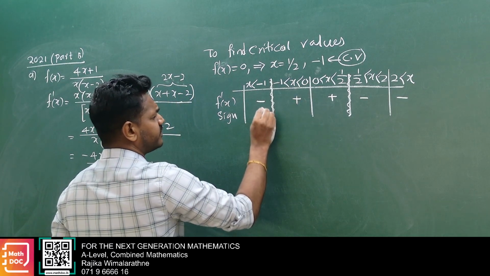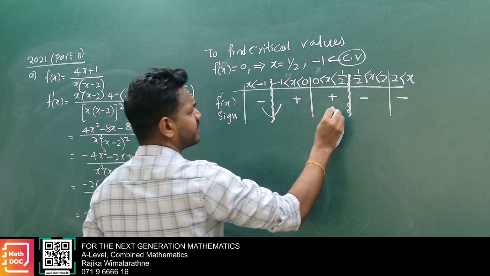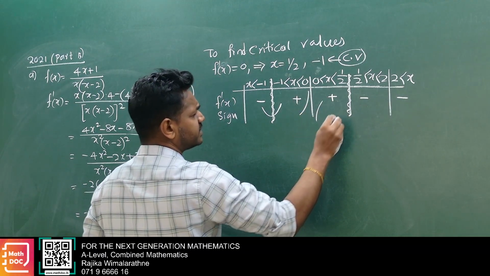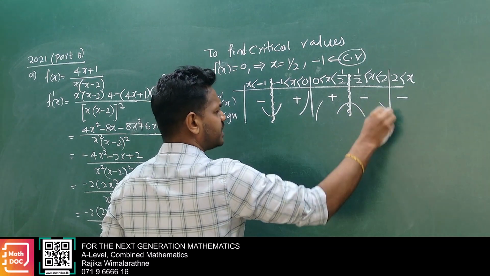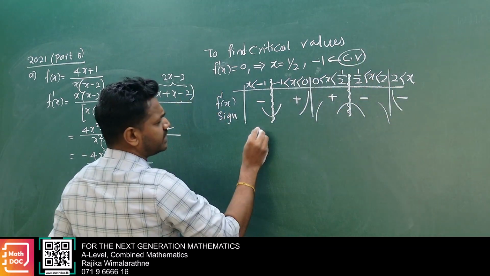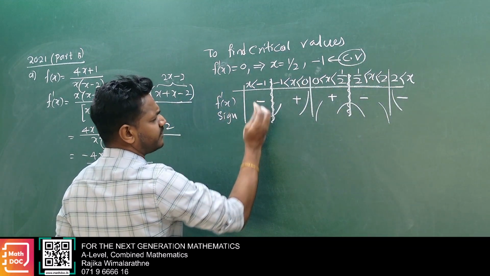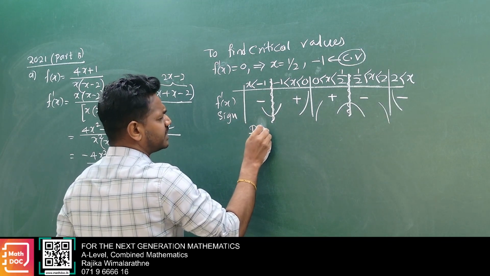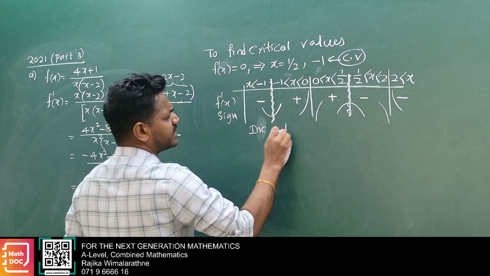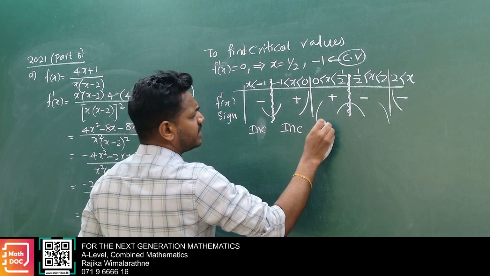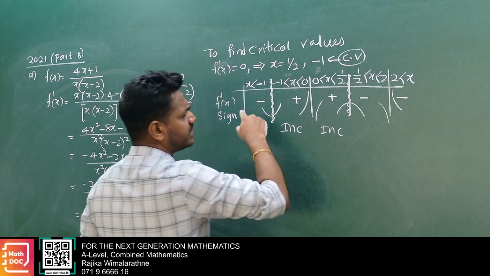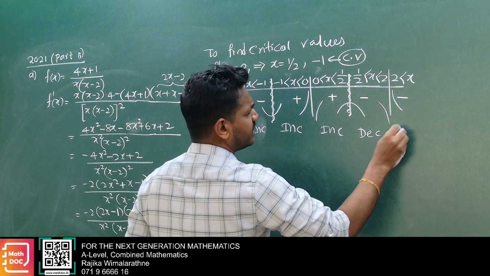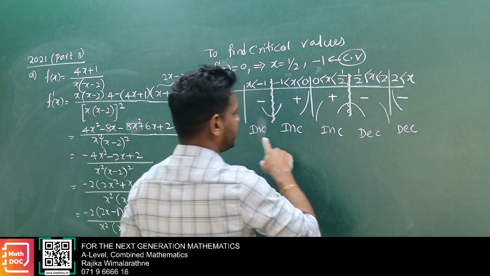Then the critical point minus 1 is a local minimum, and half is a local maximum.